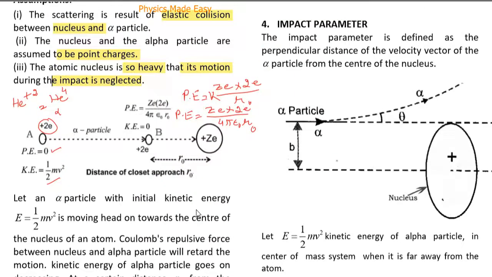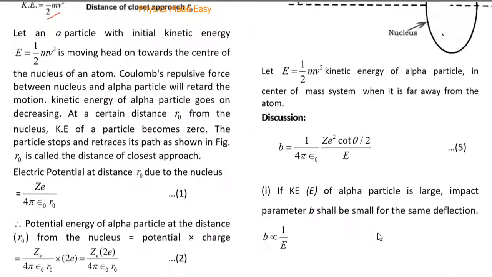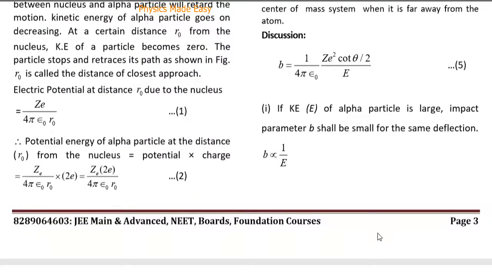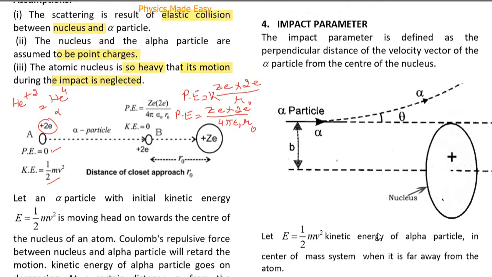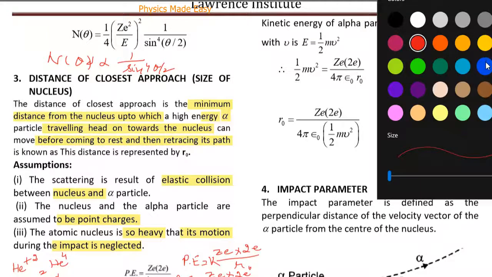So now I shall be simply writing half mv square here. Space is not available, so I will just use this side and change the color.